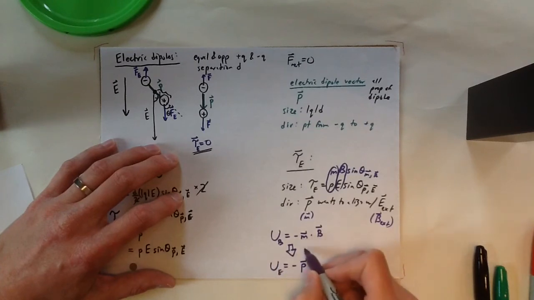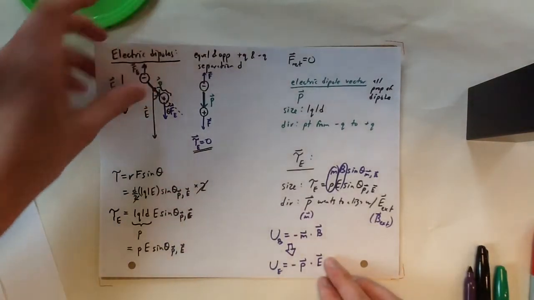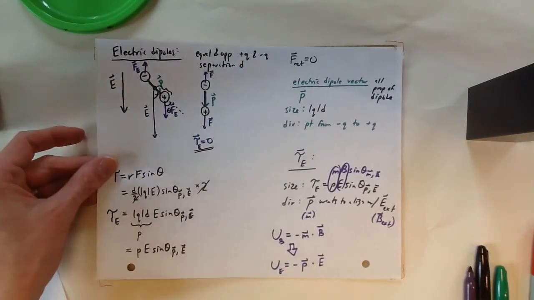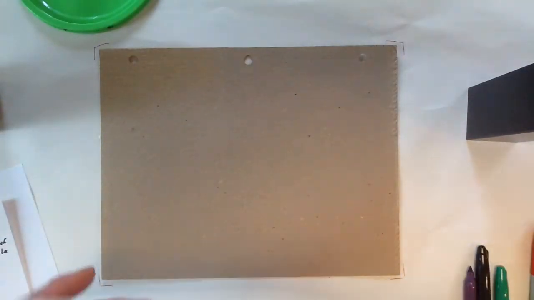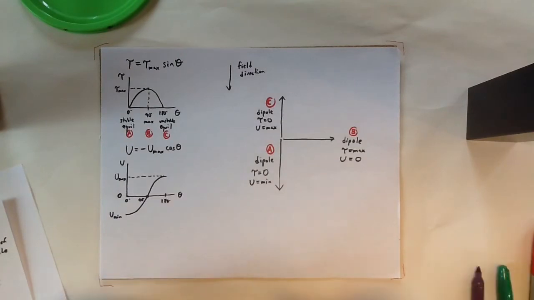Replace magnetic dipole with electric dipole, replace magnetic field with electric field. So there you have it. We have discovered a kind of universality to dipole behavior, and let's take a look at what all the connections bring us to. Okay, so both of the formulas are in this form.